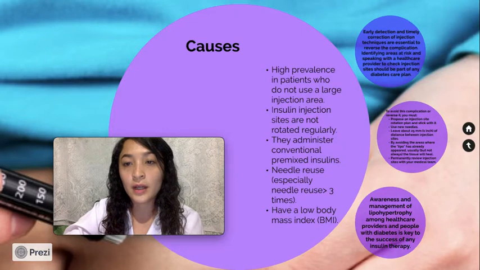Early detection and timely correction of injection techniques are essential to prevent the complication. Identify areas at risk, and speaking with the healthcare provider to check injection sites should be part of any diabetes care plan.